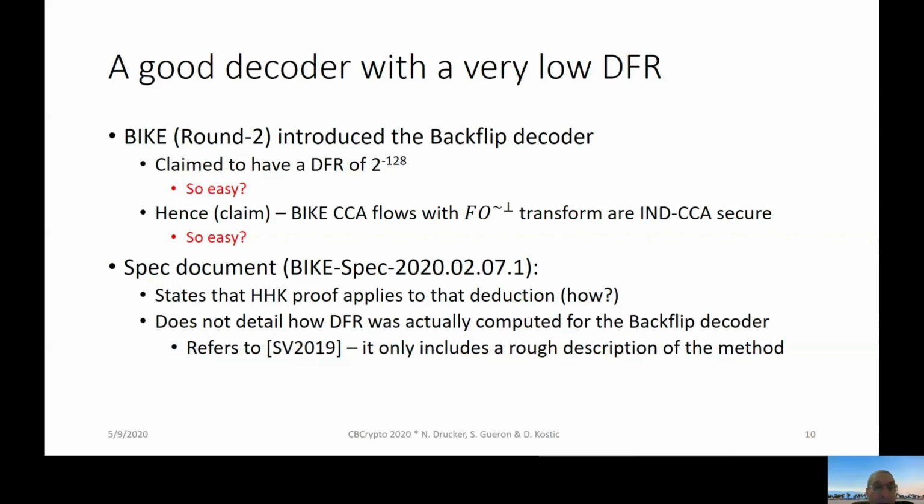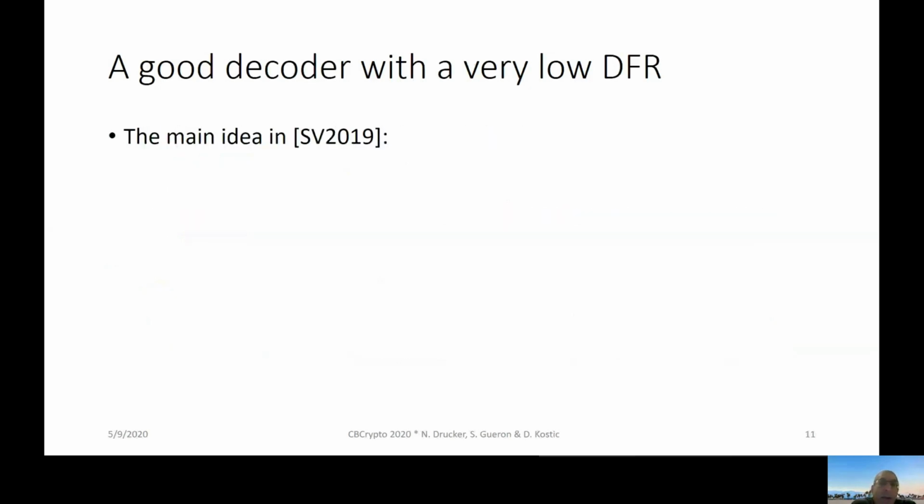There is a reference to a paper from BIKE 2019, but even this paper includes only a rough description of the method. So I will explain the methodology, the main idea of this BIKE 2019 paper by Sendrier and Vasseur, and how they achieve a decoder with a very low DFR.